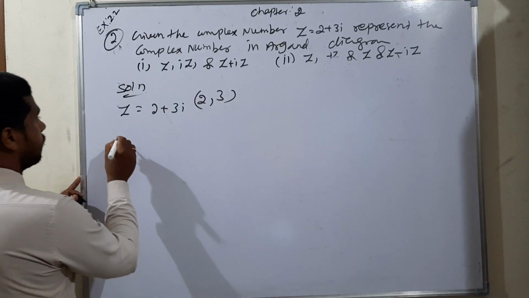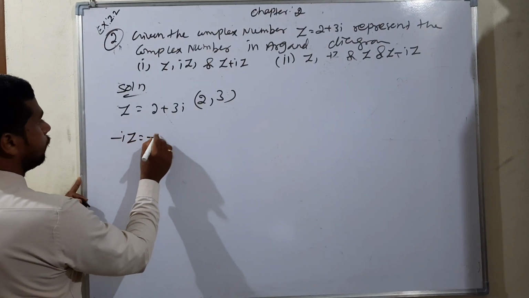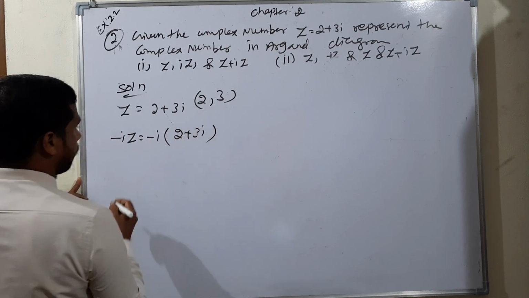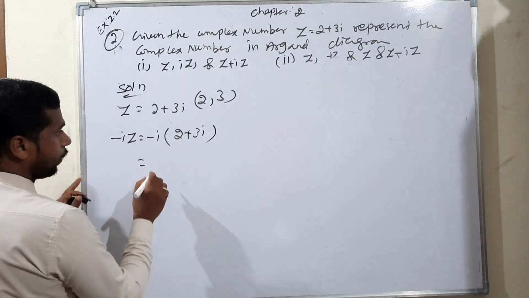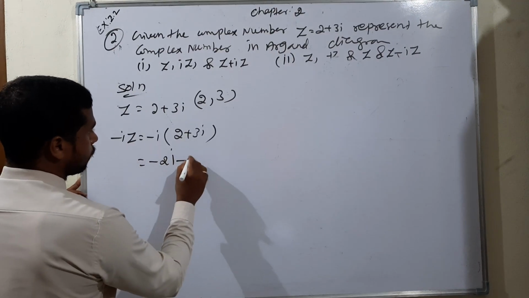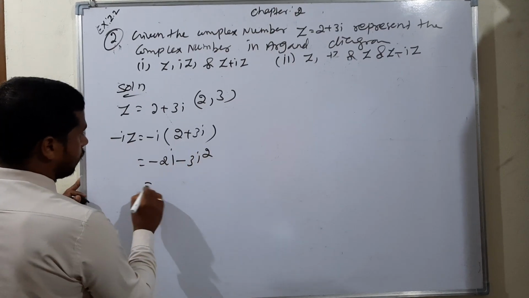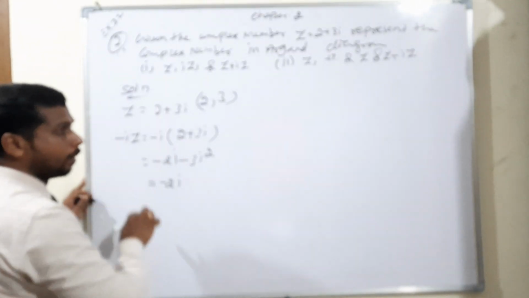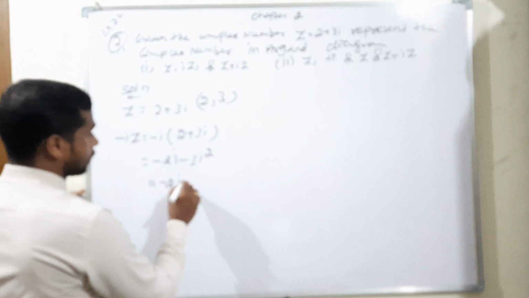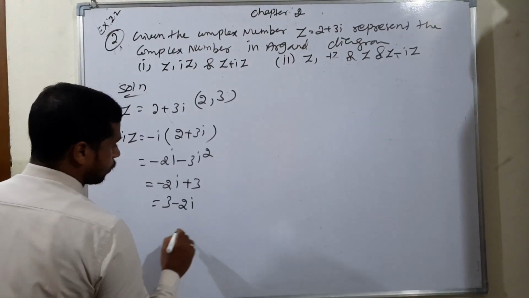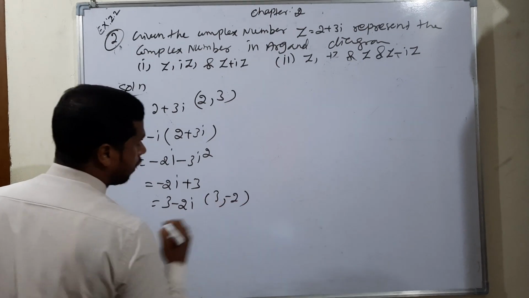Minus iz. So minus iz means minus i into 2 plus 3i. If you remove the bracket, minus 2i, then plus, minus into minus, 3i square, isn't it? So again minus 2i, i square means minus 1, and we already have a common minus. So minus into minus is plus, so plus 3 will come. Therefore the answer will be 3 minus 2i, that is the coordinate point 3 comma minus 2.